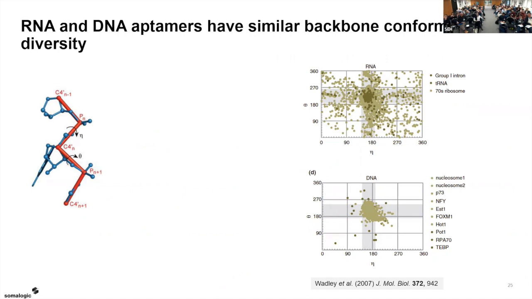And so we see here on the right, RNA has much more conformational flexibility. What's in the gray crosses are the conformations that are particular for the helical geometry, and anything outside of that is something else. RNA is all kinds of stuff. DNA, this is naturally occurring DNA, primarily in helical conformations.